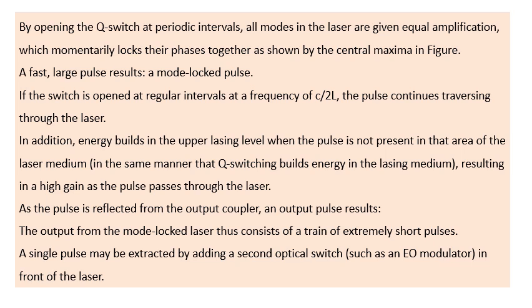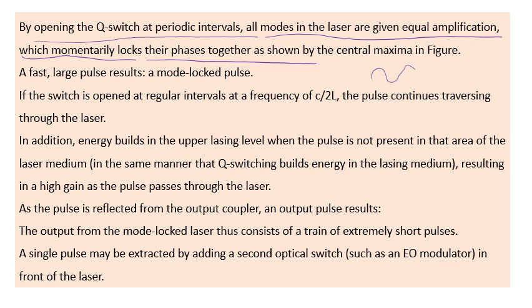Here are some more points. What it says is, by opening a cavity switch at periodic intervals, we are mode locking using a Q-switch here. All modes in the laser are given equal amplification, which momentarily locks their phases together. As explained, if one is going like this, another one is going like this, at a certain point they are in phase with each other, and then we get a giant pulse.